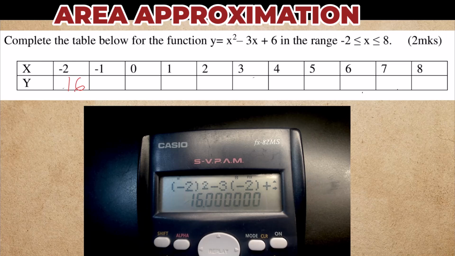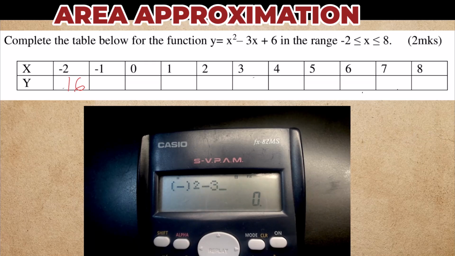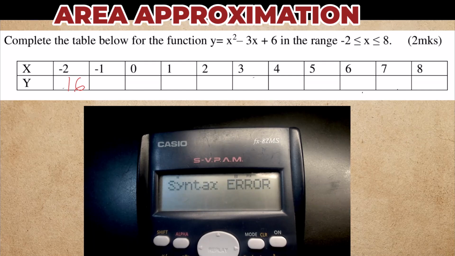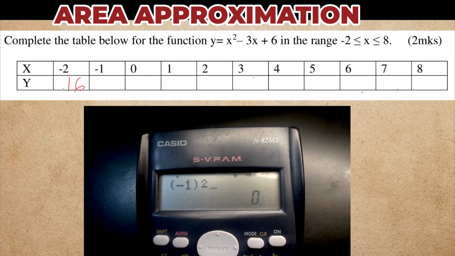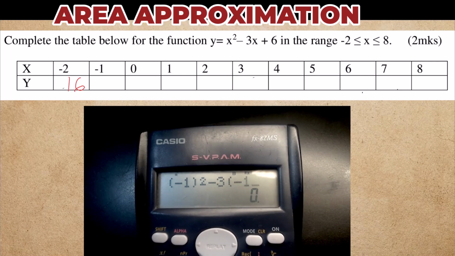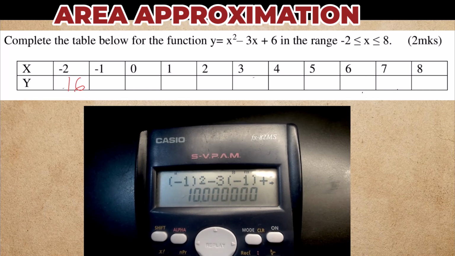The next one, when x is -1, so you have -1 squared, then subtract 3, x is -1, then plus 6, that gives 10.